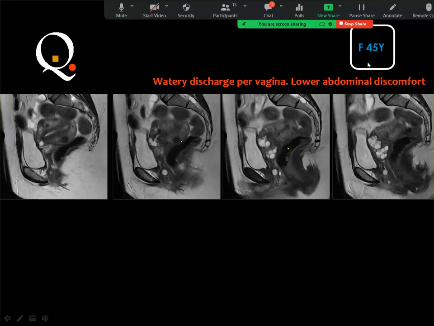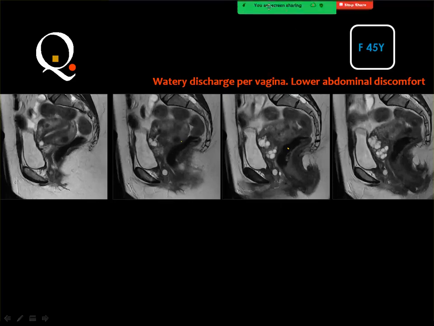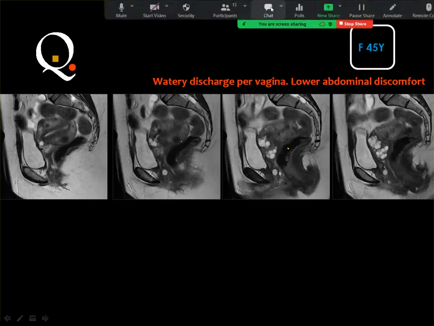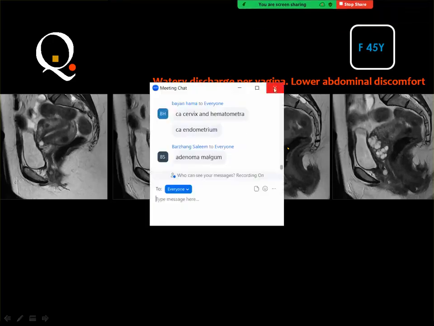Next case is a female patient, 45 years old, with watery discharge, bare vagina, and lower abdominal discomfort. Yes, a very good answer.